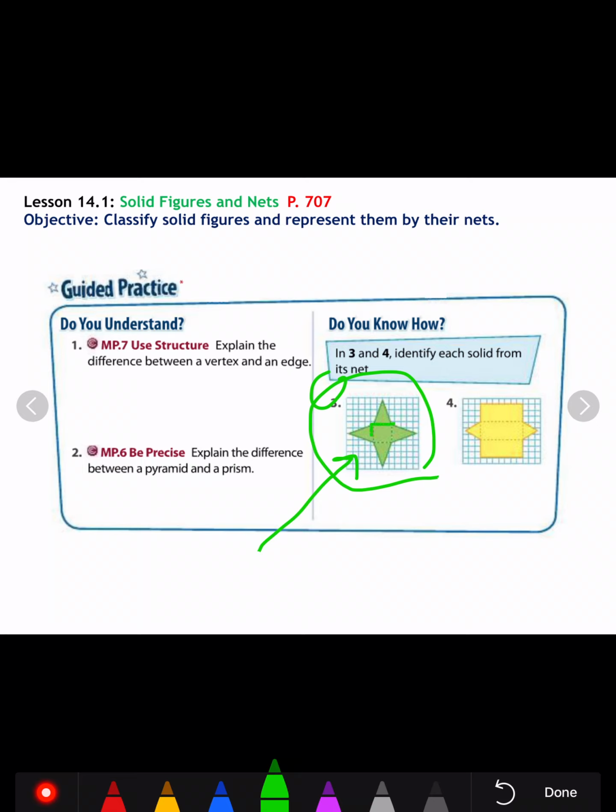And here in number 4, as you can see, we have 2 triangles. They may be the bases of the prism, which will be a triangular prism, because they are congruent triangles, and we have 3 rectangles. So this shape is the net of a triangular prism.